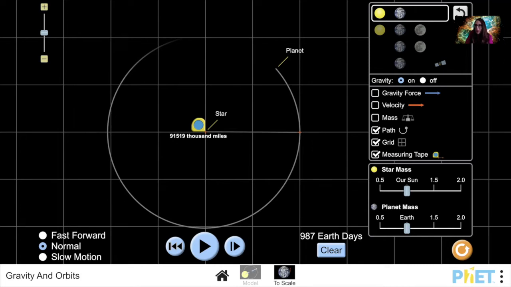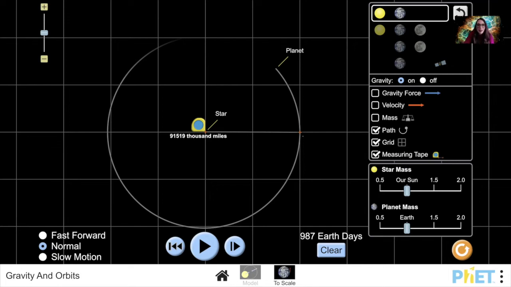And we're going to round this number to 91,500,000 miles. So at the Earth's closest approach to the sun, we are at a distance of 91,500,000 miles. I've written that down here.